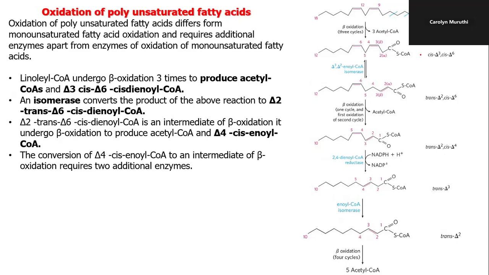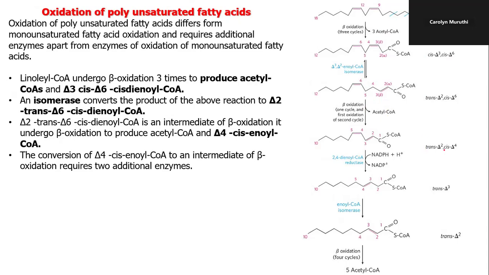cis-enoyl-CoA formed will then undergo isomerization to form a trans-cis-enoyl-CoA, which can undergo one beta-oxidation cycle to get rid of an acetyl-CoA group.